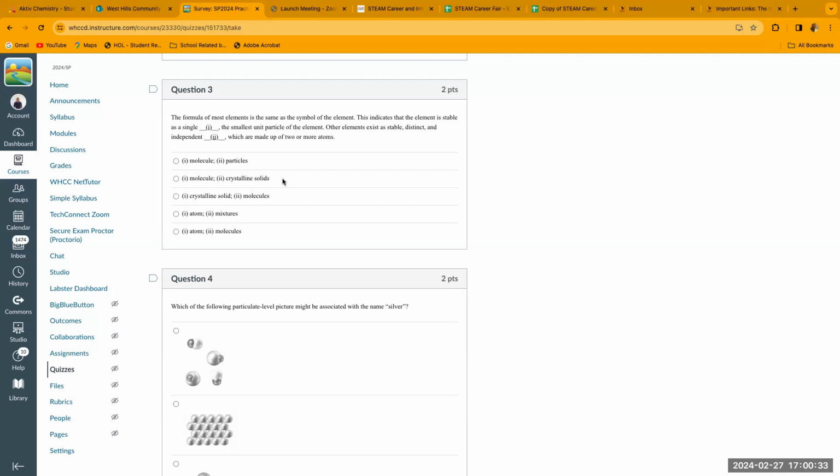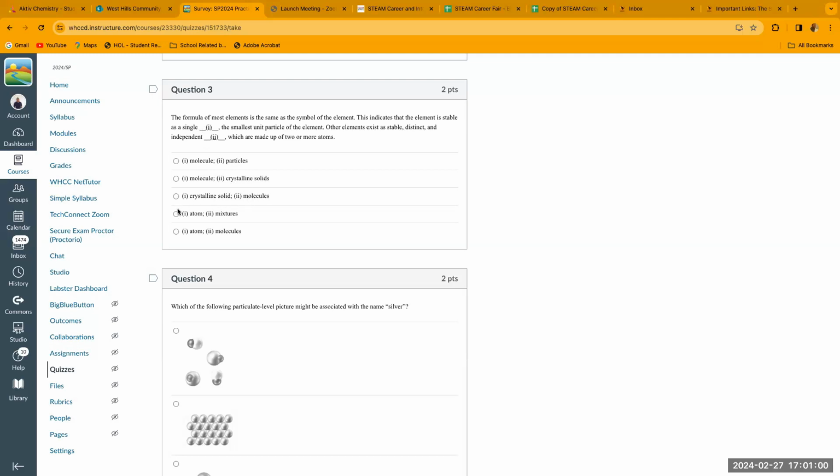So is that first blank going to be molecule? And then the second blank would be particles? Or is the first blank a molecule, the second one a crystalline solid? The third one is crystalline solid and molecule.